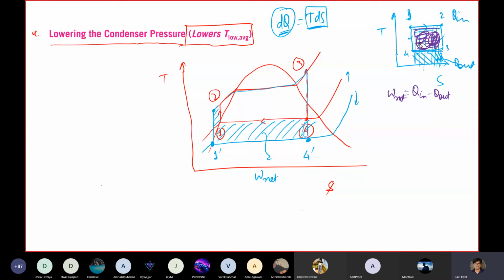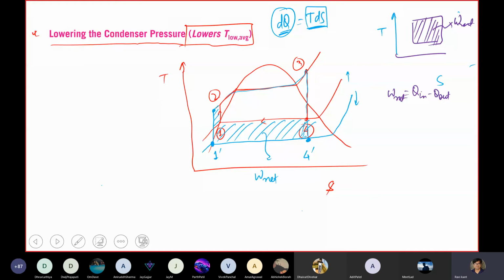So essentially my point is, in a cyclic TdS plot, the area enclosed by the whole curve is basically your net work, right? Can I write that the area under the enclosed curve is the net work for a cyclic process? Yes, sir. Okay, good.